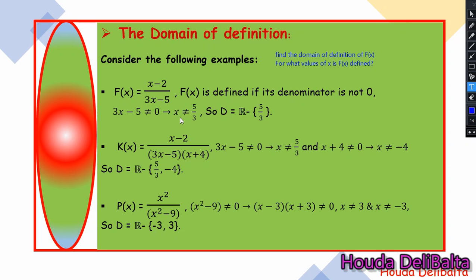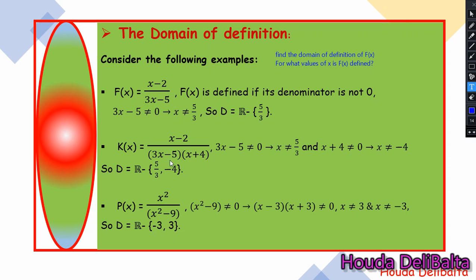So this is what we mean by the domain of definition. This is how to find the domain of definition. It's the set of all real numbers R except 5 over 3, i.e. I can replace x by any real number, radicals, decimals, whatever, except 5 over 3.